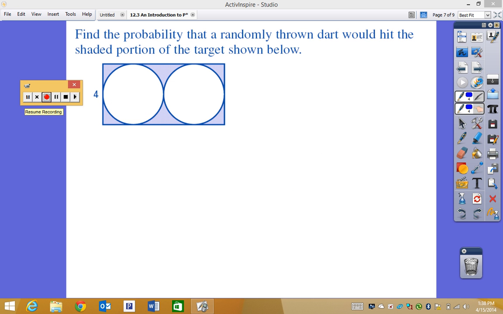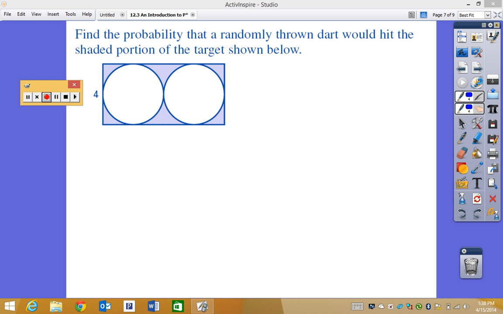Next, we are working with geometric probability, and it says find the probability that a randomly thrown dart will hit the shaded portion of the target shown below. So the first thing that we want to talk about is that we want to find the entire area of our rectangle.